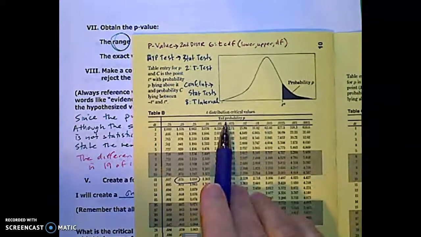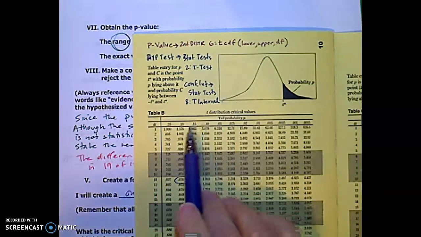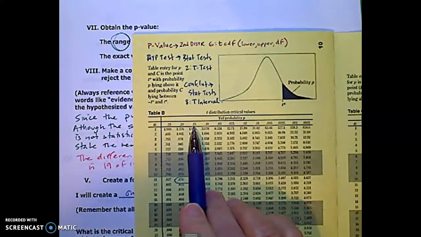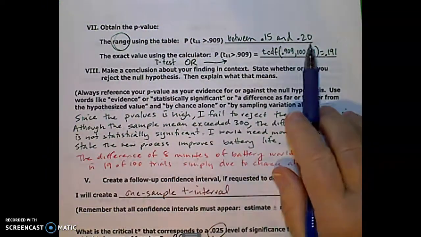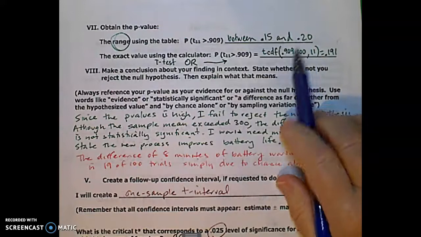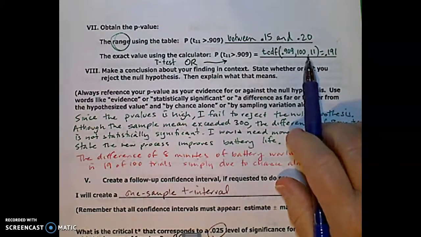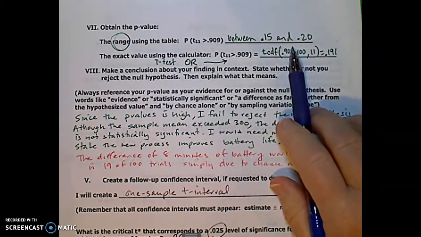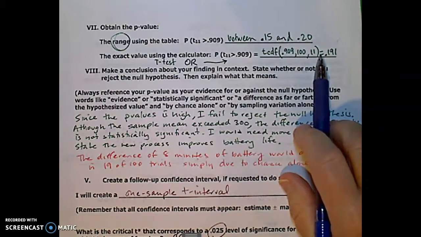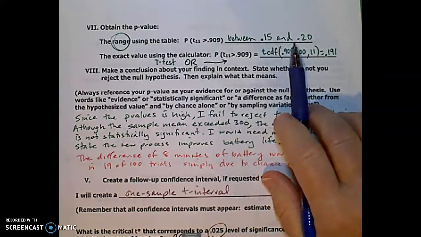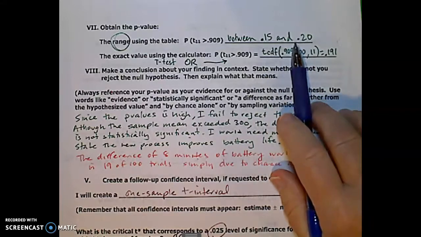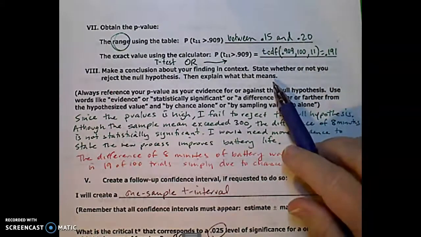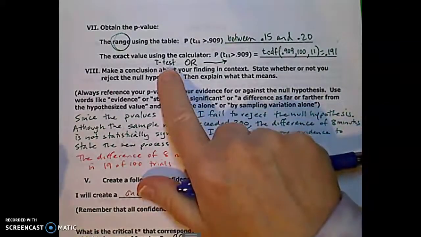So our tail probability is going to be in between 0.15 and 0.20. Technically, you don't need the exact value that we got from TCDF or our hypothesis test, because this p-value is so much bigger than the 0.025, we know we're going to fail to reject anyway. So we use the t-test.